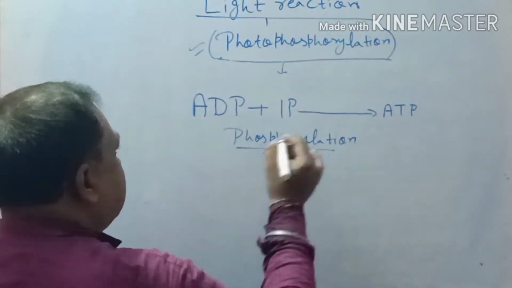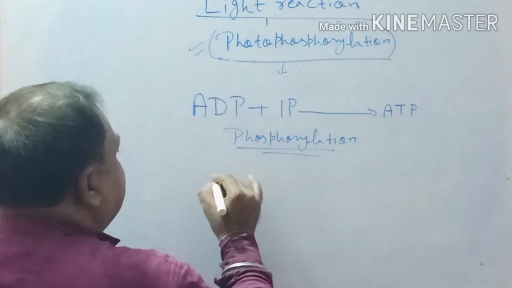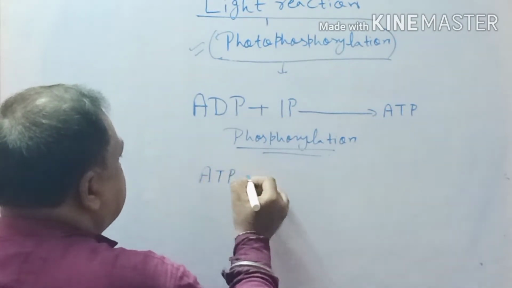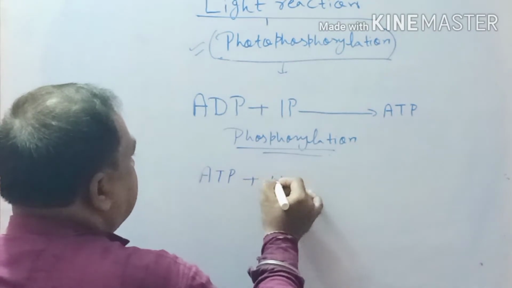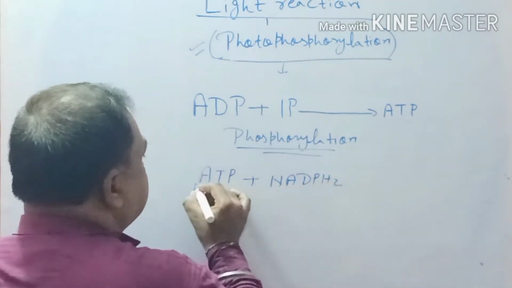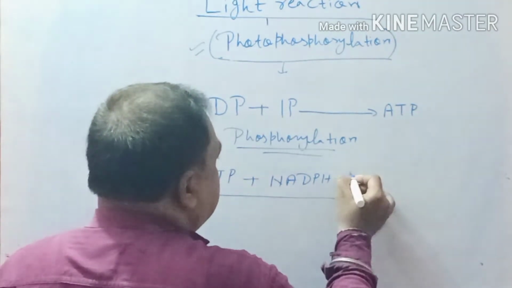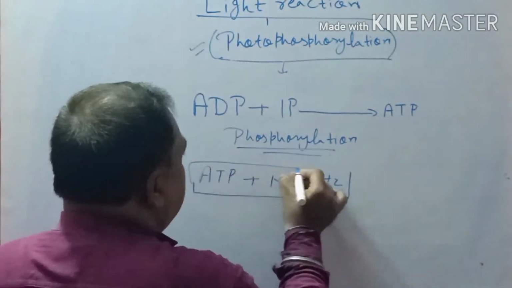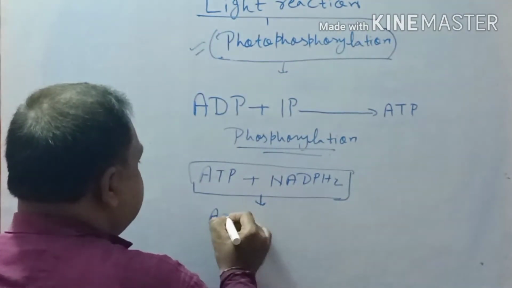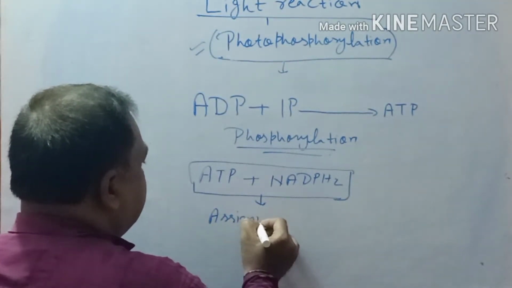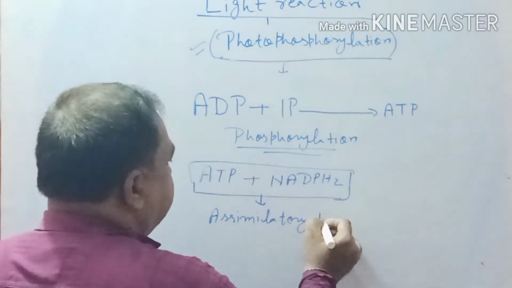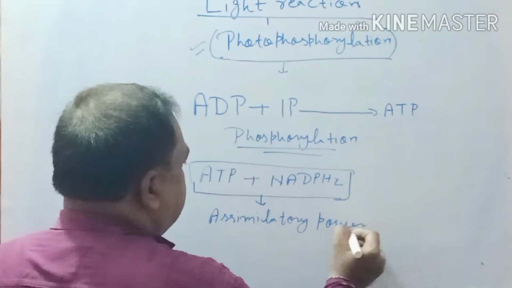Here the formation of ATP takes place. In the case of light reaction, ATP plus NADPH2 are formed, which are also called assimilatory power.